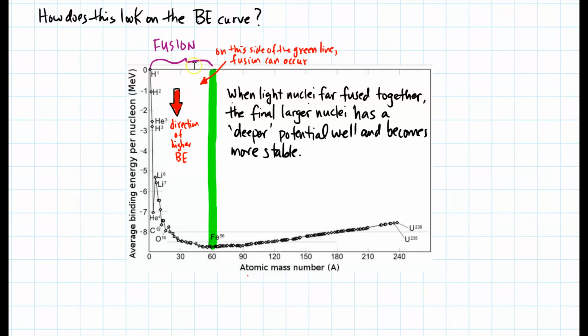To the left of the green line is only fusion. When light nuclei fuse together, their final larger nucleus has a deeper potential well and becomes more stable. It slides down this sort of ramp in the nuclear potential.